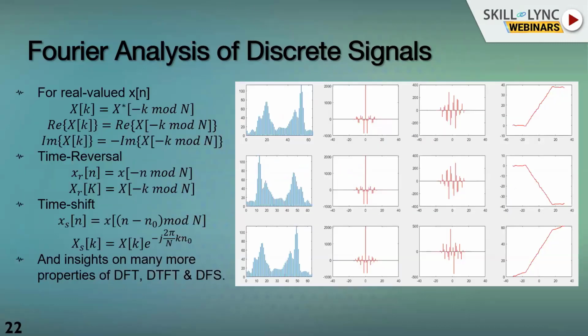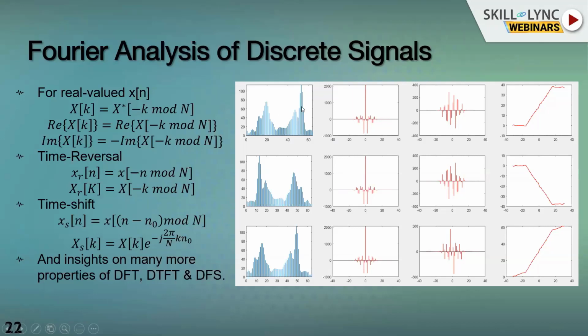We have certain properties of Fourier transforms of discrete sequences, which are very similar to the Fourier transform of continuous time signals, but there are some differences also. In the first row here is a real valued discrete sequence, and I've taken the DFT and shown the real and imaginary components.